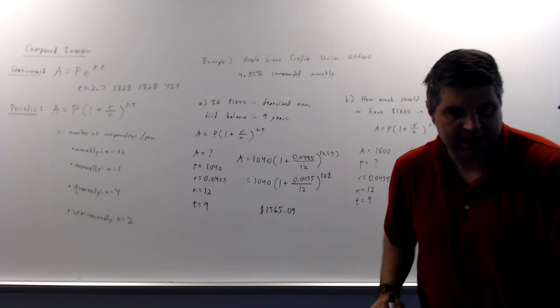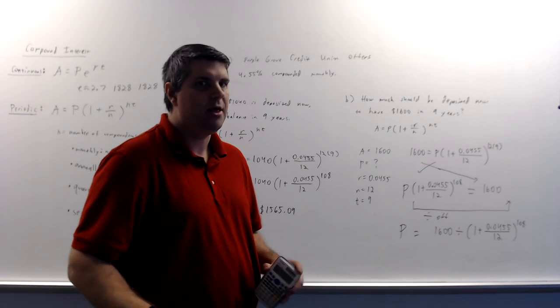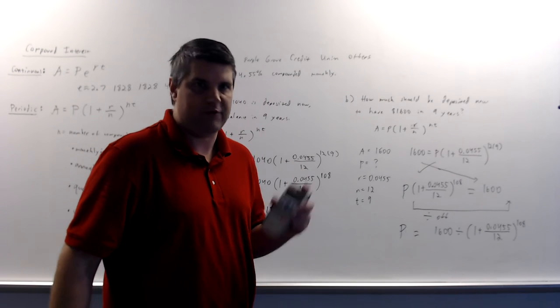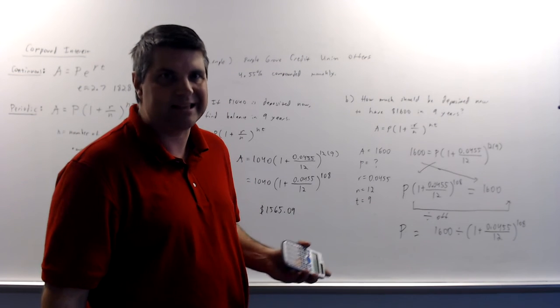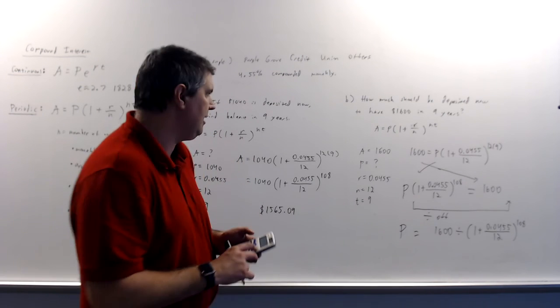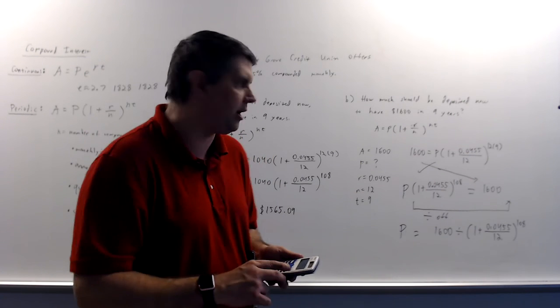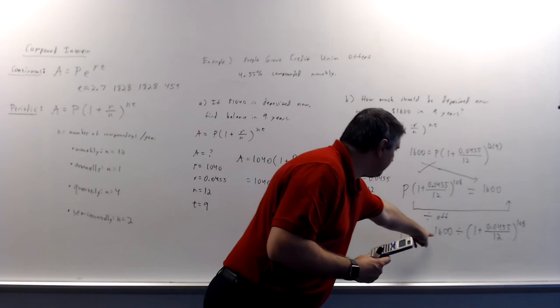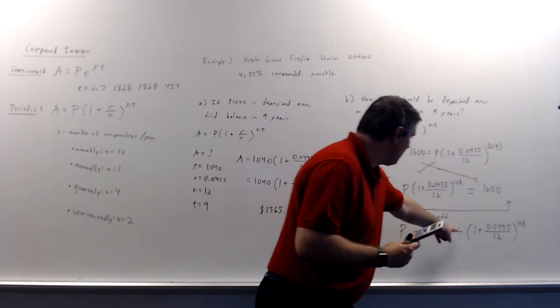If you're using a Casio and most Texas Instruments calculators, this is not a problem. If you're using one of those calculators that doesn't support the order of operations, this is a little dicey. But for those of you who are using a good calculator, this is not a problem. Just type in the 1600 division, parenthesis.